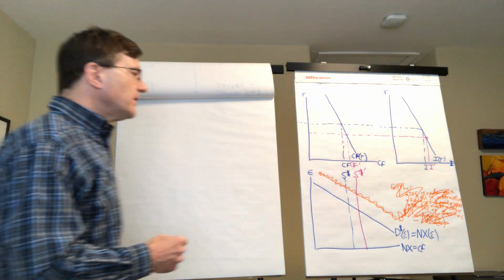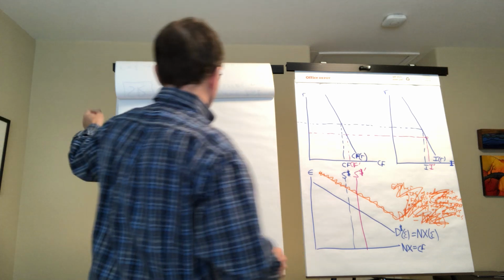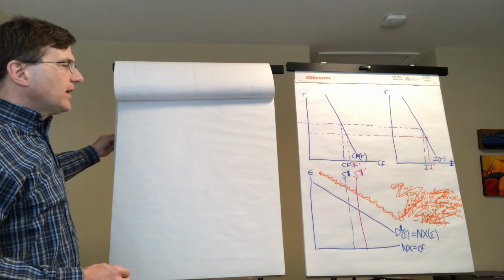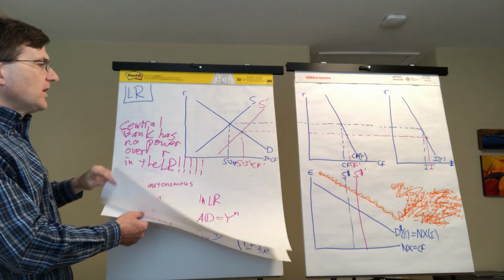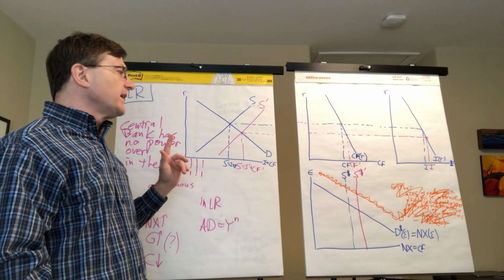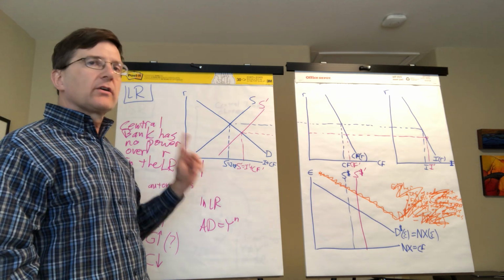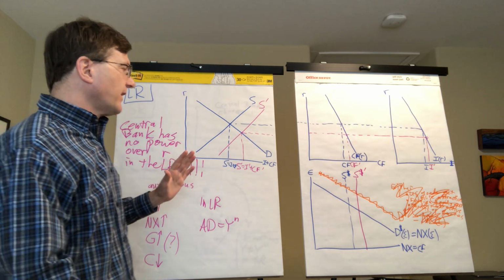Okay, so now what I'd like to do is to go to some other shocks, and actually let me go back again. In the long run, there are only 4 curves that can start the ball rolling. What are they?